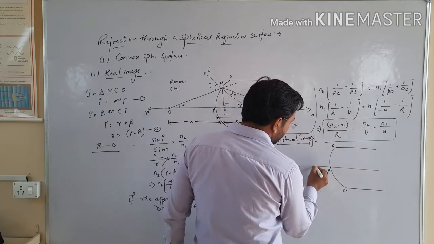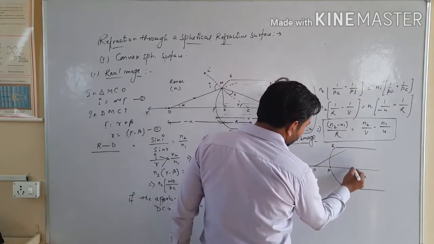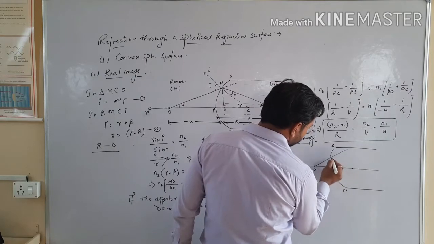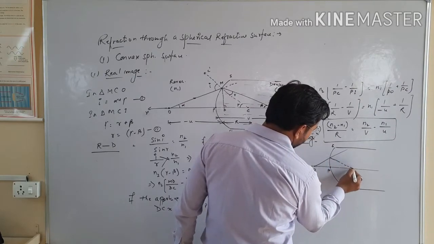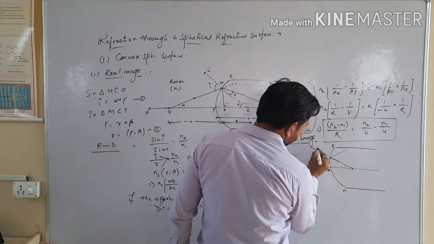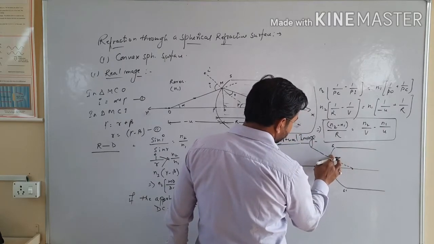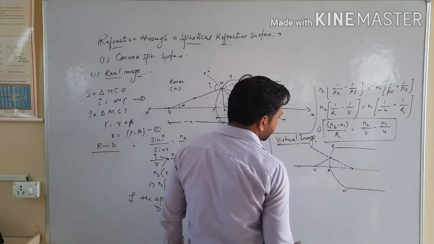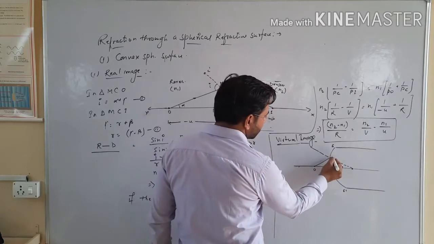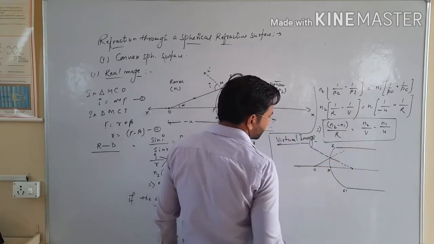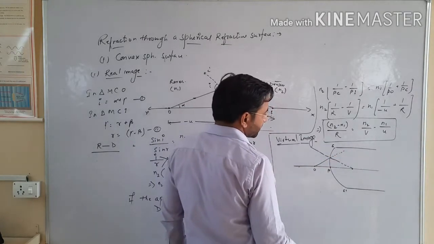So when the light ray goes in this direction, suppose C is here, this is our normal, and the light ray is going in this direction, as if this medium is not present.